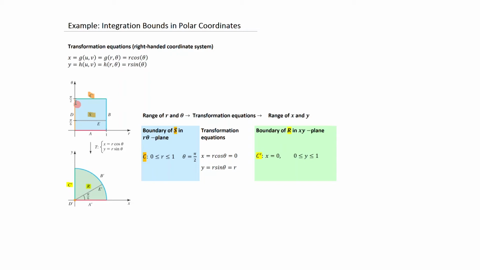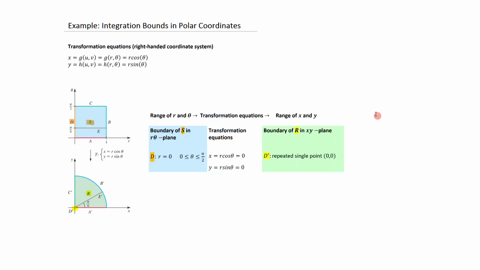The last one is this line, the orange line here, where r is equal to 0, but theta ranges from 0 to pi over 2. If r is set to 0 and theta ranges from 0 to pi over 2, then both x and y are equal to 0.